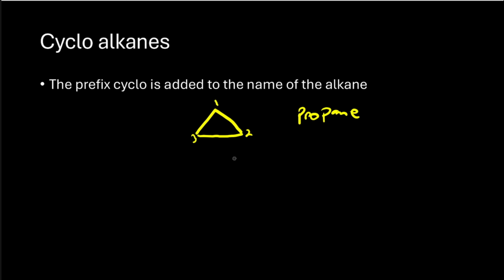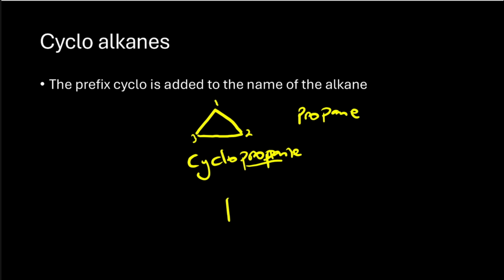And the rule says we add the keyword cyclo to the alkane name to indicate it is a cycloalkane. So in this case, we add cyclo to get cyclopropane to indicate our propane is a cyclic alkane.